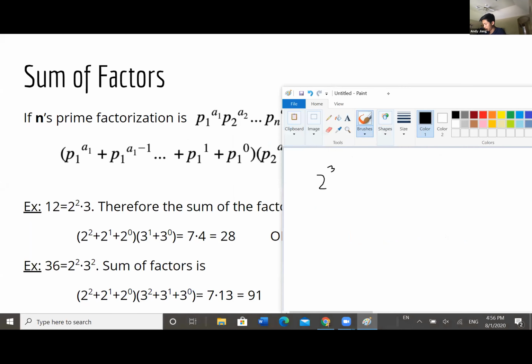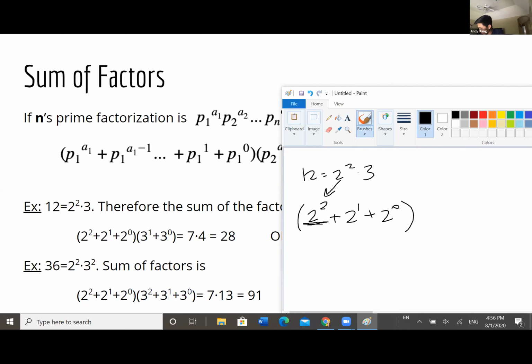12 equals 2 squared times 3. So for each of these, I go down the list. I just add up all the powers of 2 less than or equal to the highest one. Right?